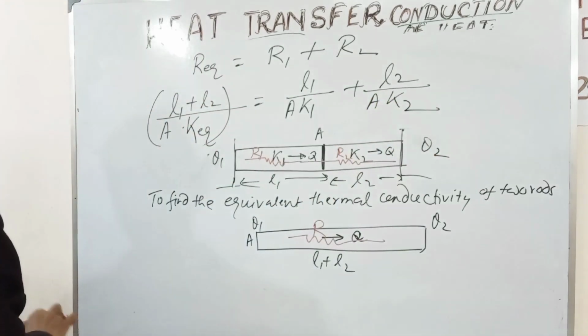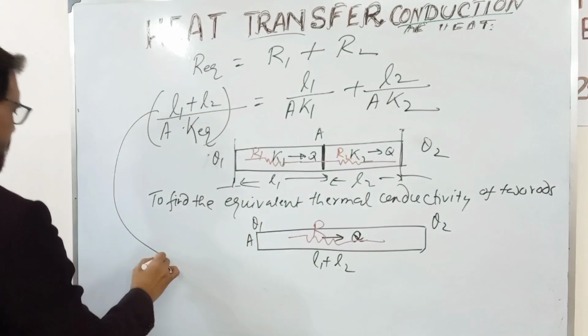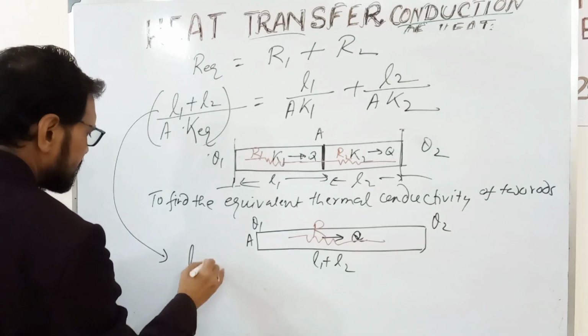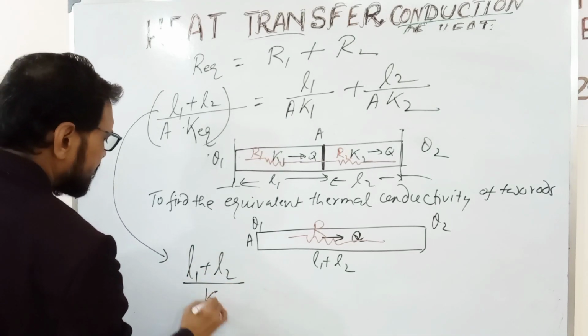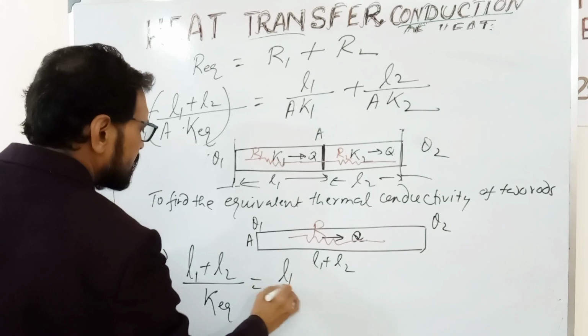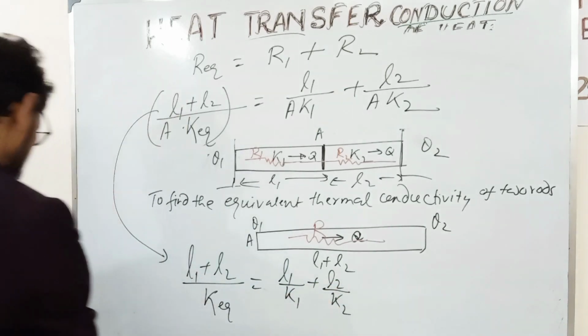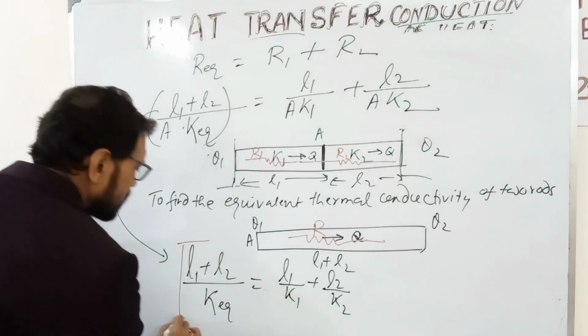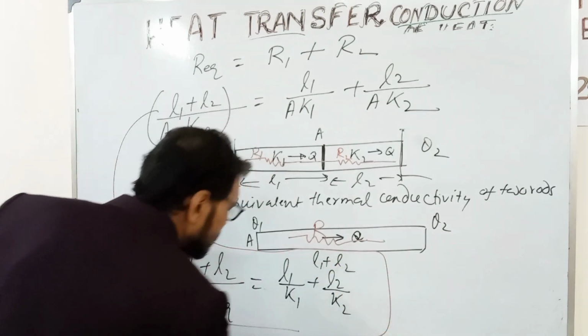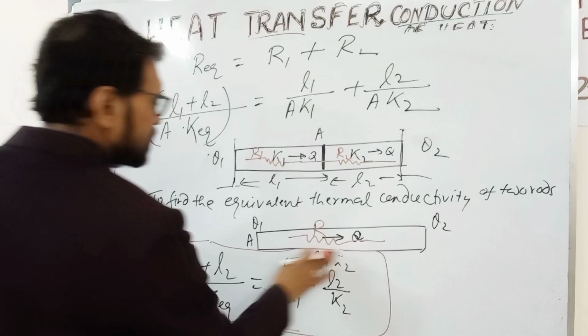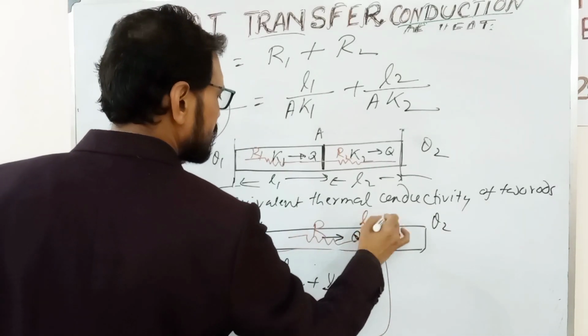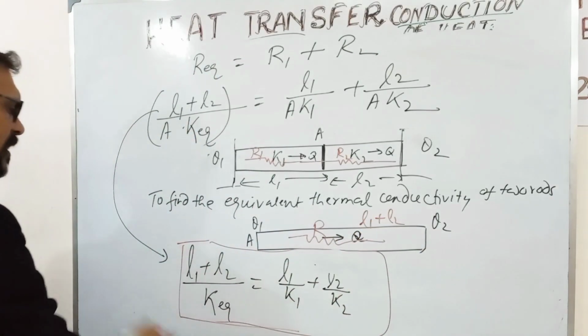So for equivalent resistance, R equals R1 plus R2, and from this we get (L1 plus L2) by K equivalent equals L1 by K1 plus L2 by K2. So this is the formula.